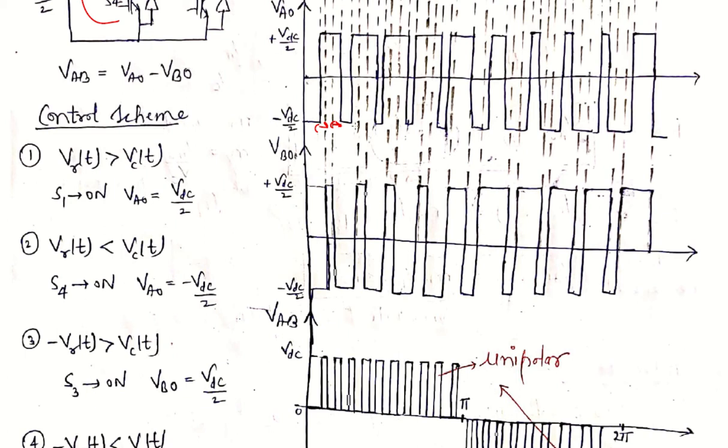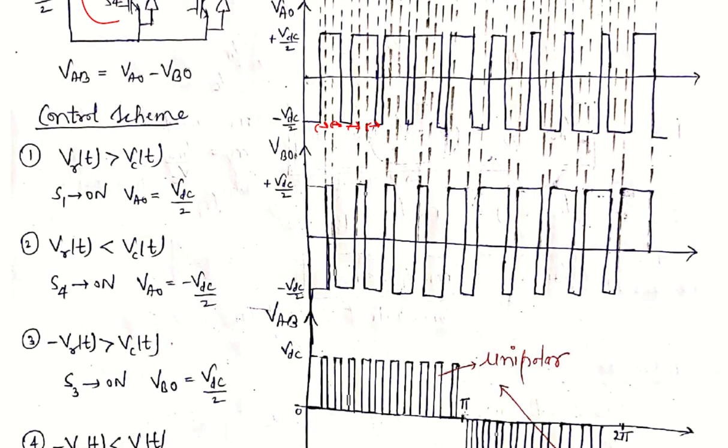Similarly, we further subtract this part from there, so this part will be obtained in the pulse. In this way we will obtain the line to line voltage. If we subtract minus VDC by 2 from plus VDC by 2, then we will obtain plus VDC here.